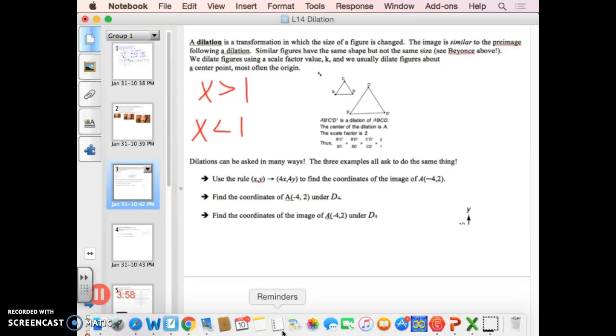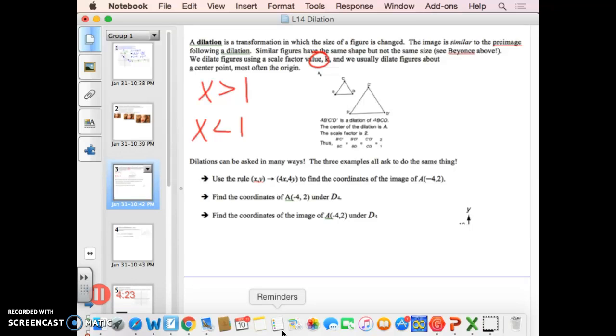All right, so let's take a look at some examples here. It says, first, you might want to try to solve these on your own and then come back to it. So basically what you do is you take your scale factor, and sometimes we call it k. If I said that k was greater than 1, it would make the figure larger.